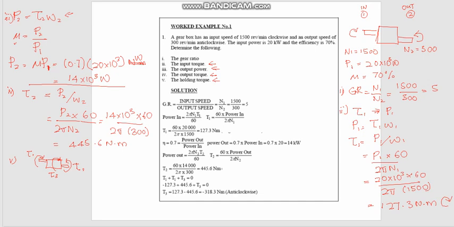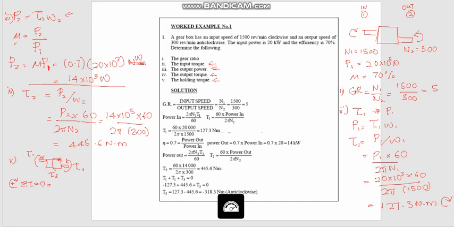Then we do the summation of torque, which must equal 0. In terms of the plus and minuses, we assume that clockwise is positive and counterclockwise is negative, right?